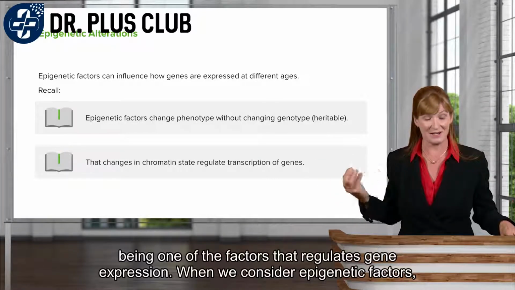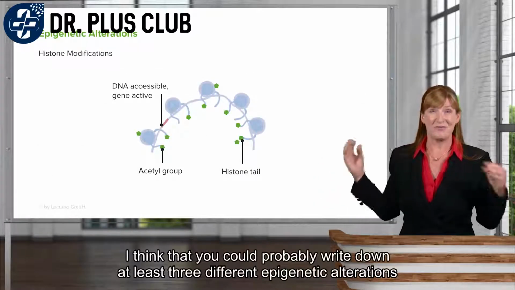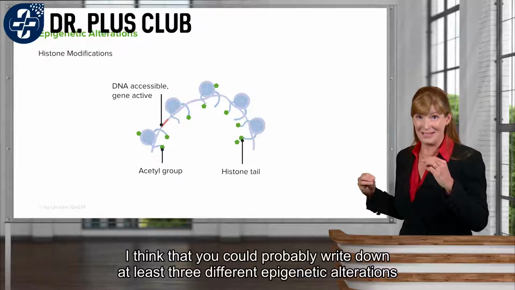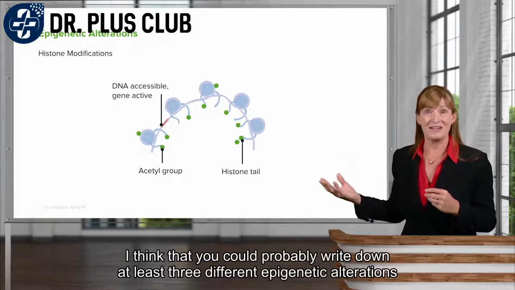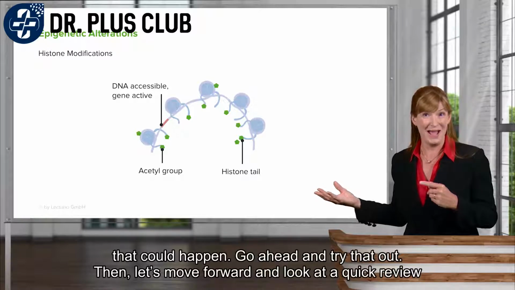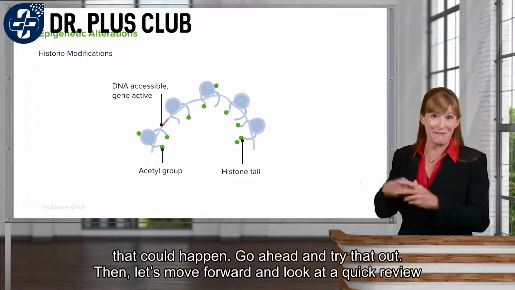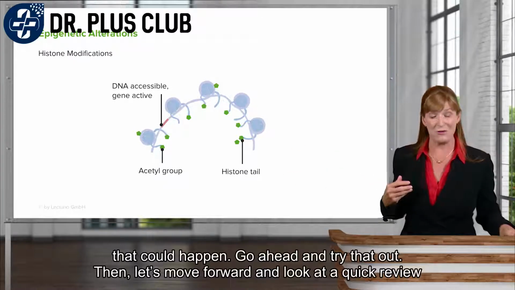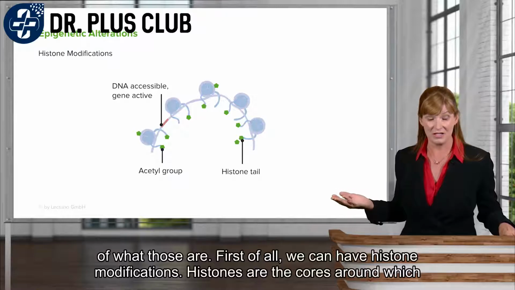So when we consider epigenetic factors, I think that you could probably write down at least 3 different epigenetic alterations that could happen. So go ahead and try that out. And then let's move forward and take a quick look at a review of what those are. First of all, we can have histone modifications.